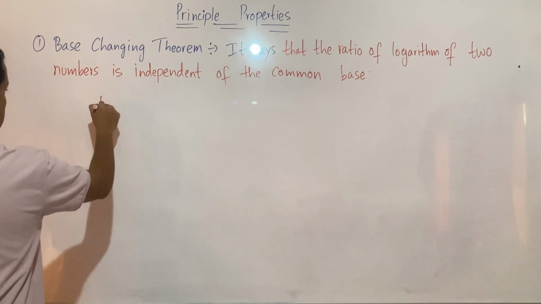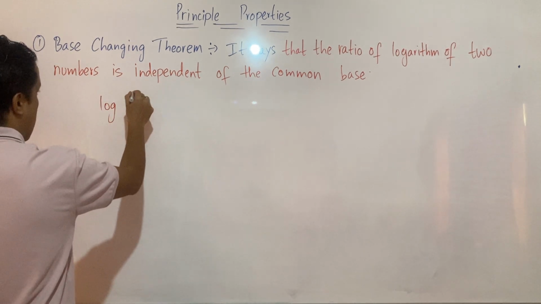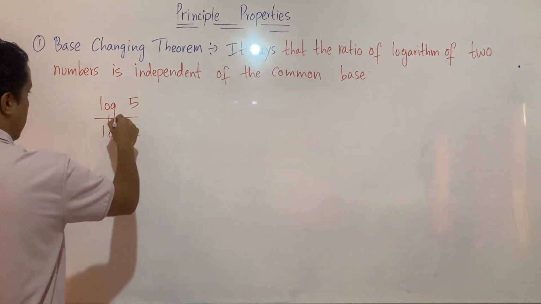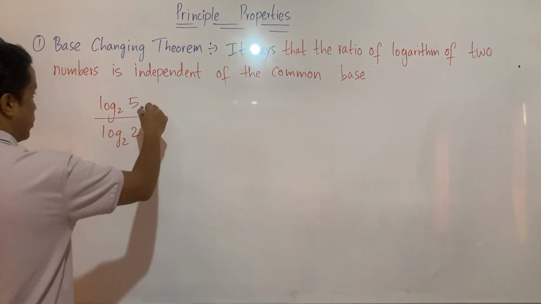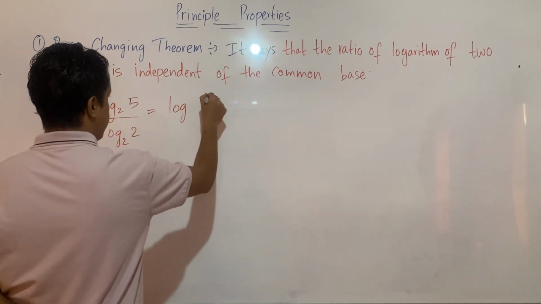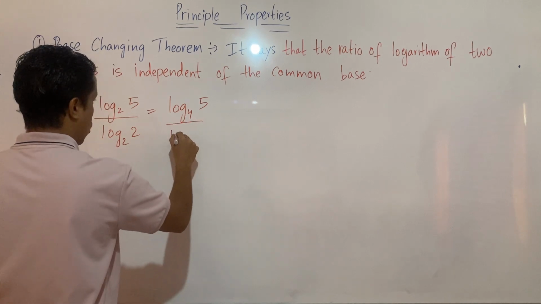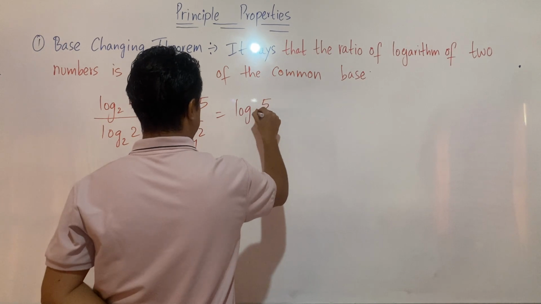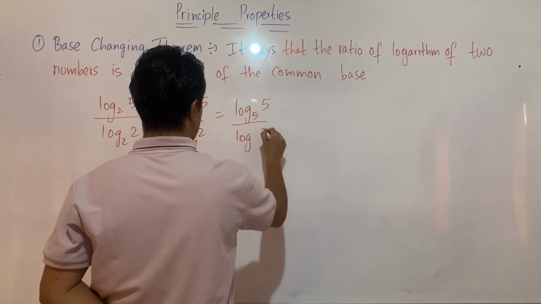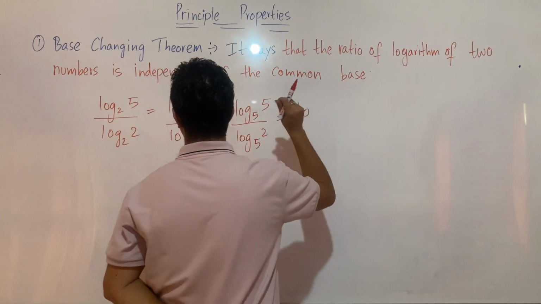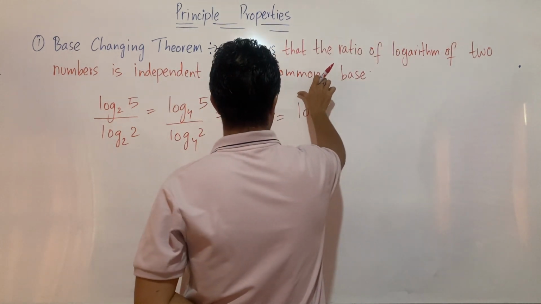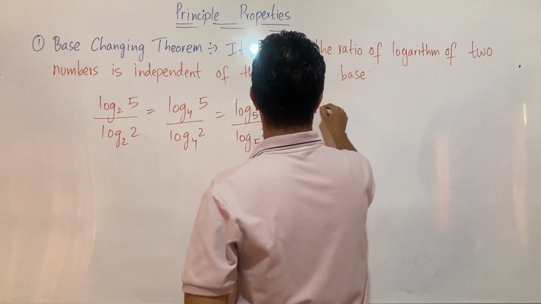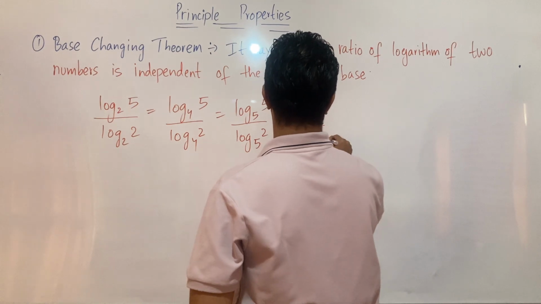For example, here I have log 5 by log 2. Here log 5 base 2 by log 2 base 2 is equal to log 5 base 4 by log 2 base 4, which is equal to log 5 base 5 by log 2 base 5, or is equal to log 5 base 6 by log 2 base 6.